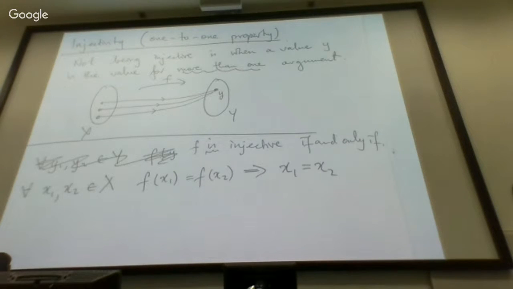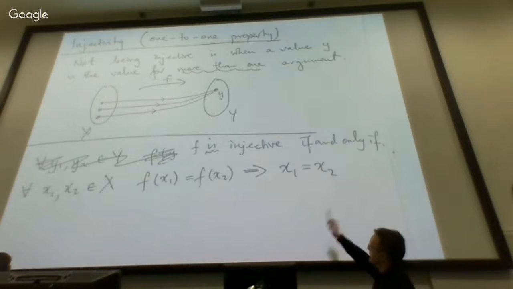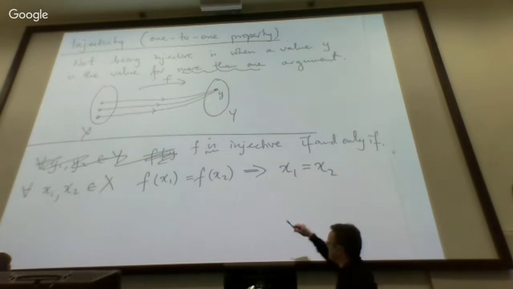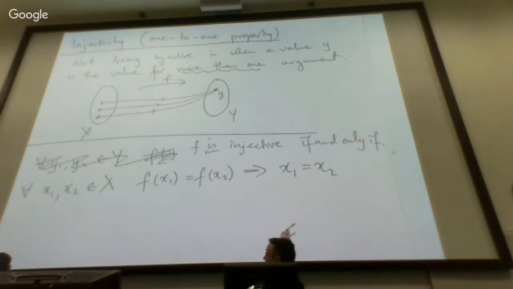You can say a function fails to be injective when there's an element in the codomain which is the value for more than one argument. That's defining it in a negative way. To define it in a positive way, you say f is injective if and only if this implication holds for every pair of elements in the domain.